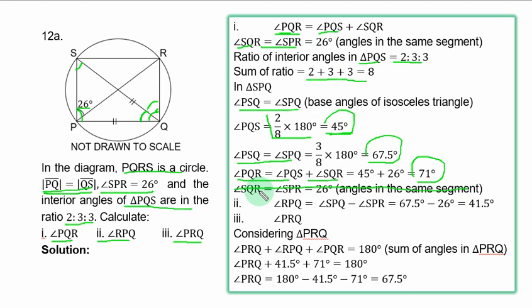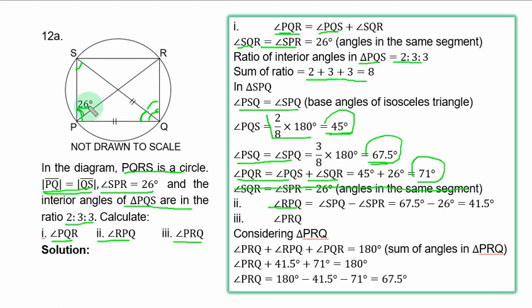Roman figure 2, find angle RPQ. That is simply, now the entire angle SPQ is 67.5, and part of it is 26 degrees.